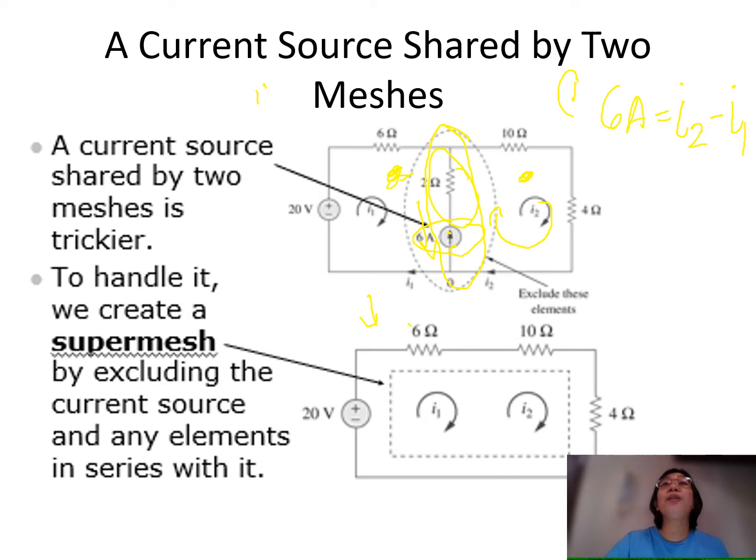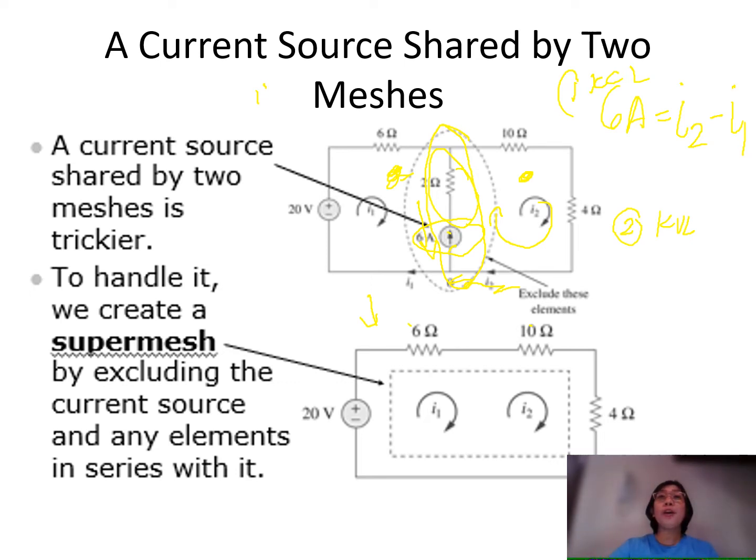So this is your first equation, and this is our second equation, which is your KVL. The first equation is KCL, and our second equation is KVL. We just have to follow the loop.